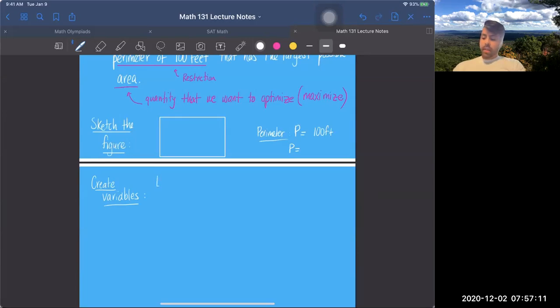So I'm going to let X equal the width of the rectangle, and I'm going to let Y equal the length of the rectangle.